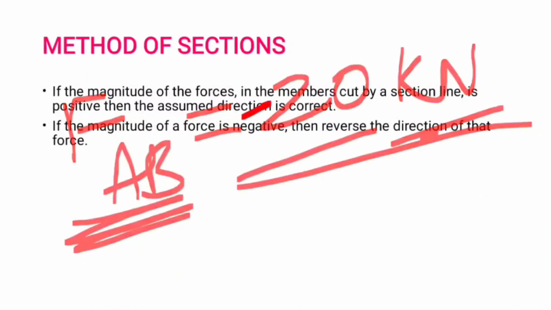If it is negative, let's say F of AB equals minus 20 kilonewtons, it is a reverse case. If I assumed compressive, actually the force in AB is tensile. If I assumed tensile, the actual one is compressive.